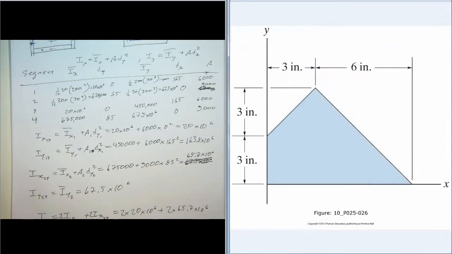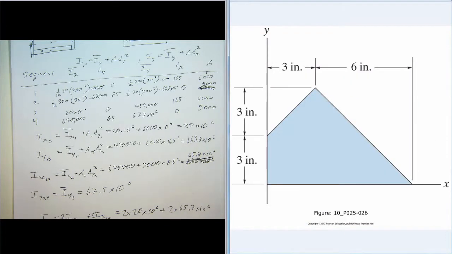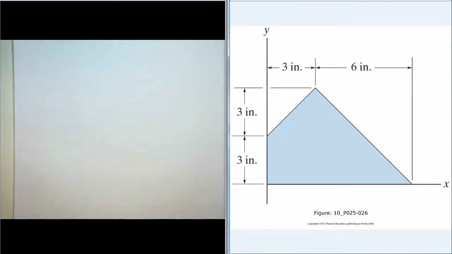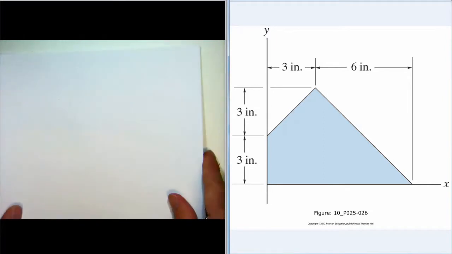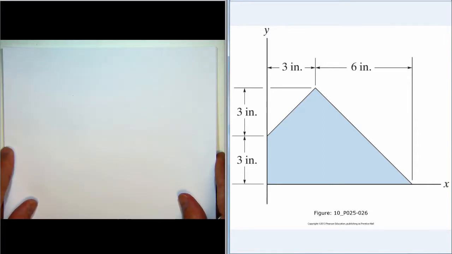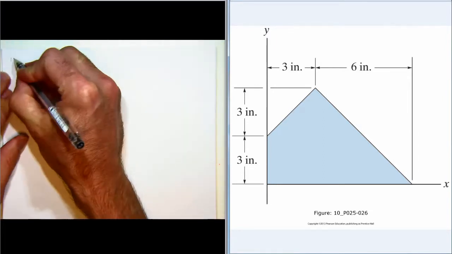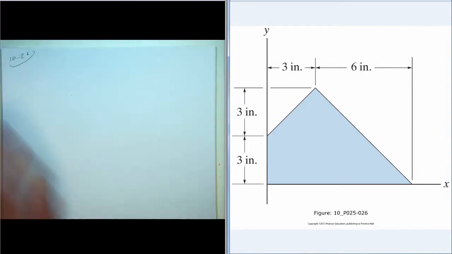So here's another example, and this one we'll treat as a big element and then two smaller holes in that element. So this is problem 26. And we're asked to find the moment of inertia of the composite area about the y-axis.